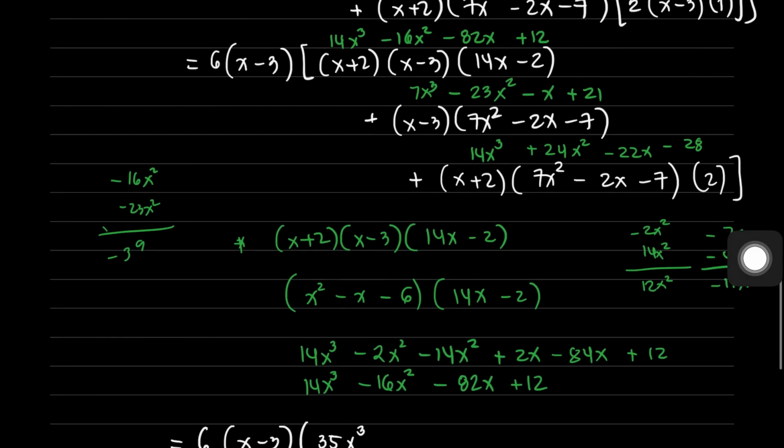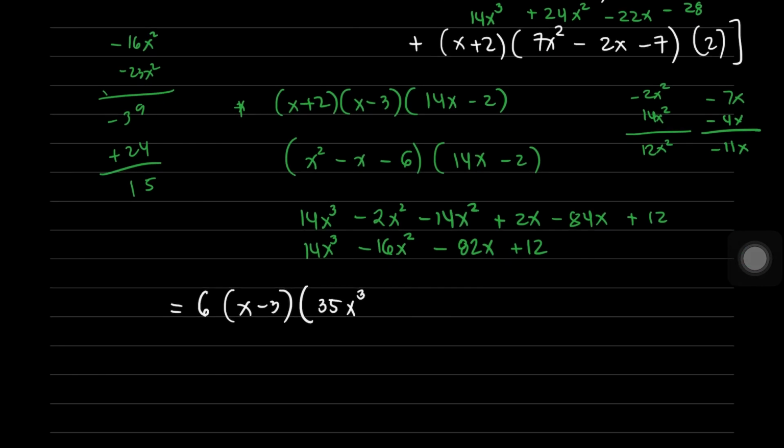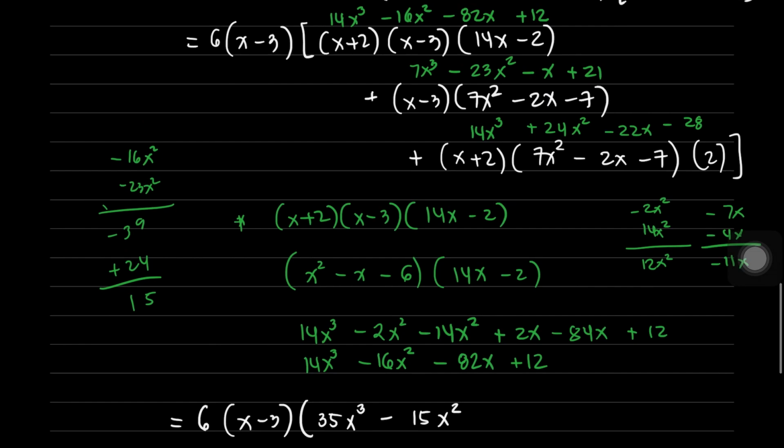Plus 24, so this would be negative 15x squared. For the x, we have negative 82x minus x, so this will give us negative 83x minus 22x, right?